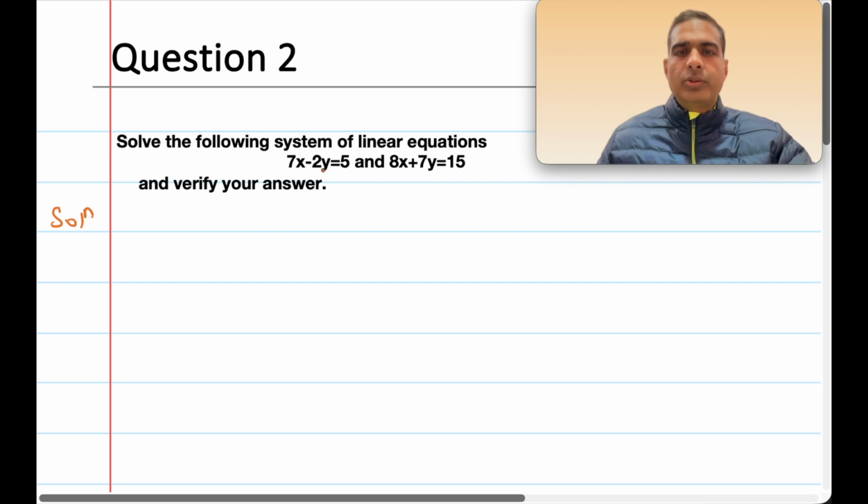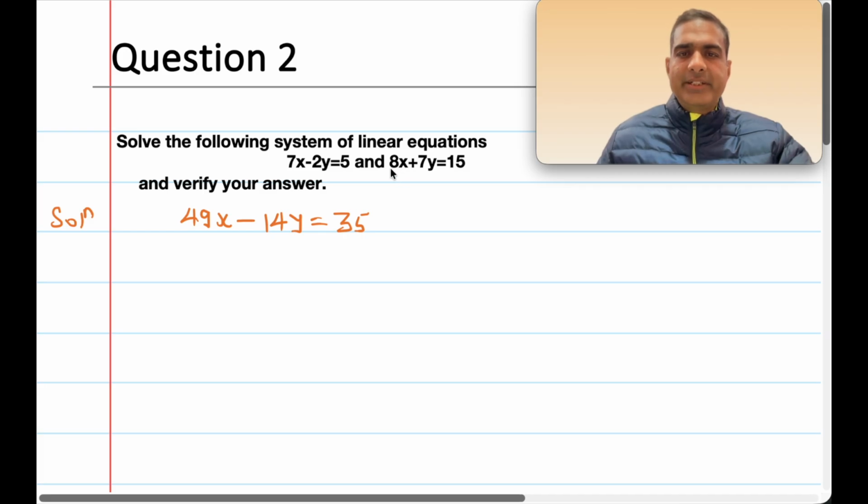To make 14 the coefficient of y in the first equation, we will be multiplying it with 7. So if I multiply the first equation by 7, it will be 49x minus 14y is equal to 35.